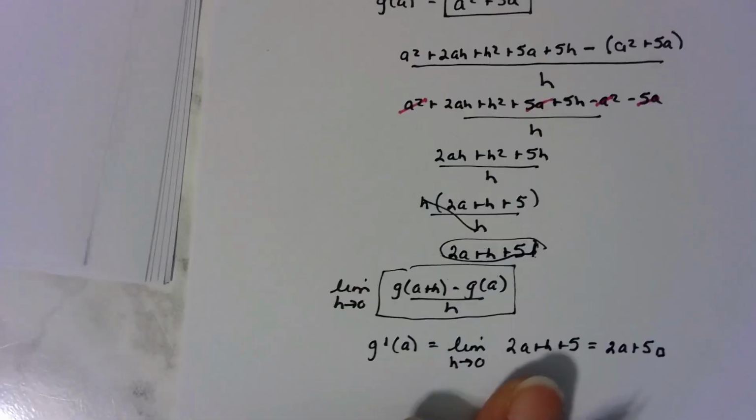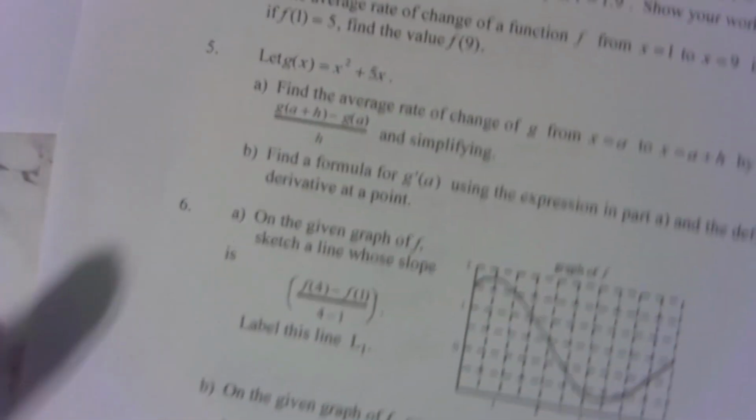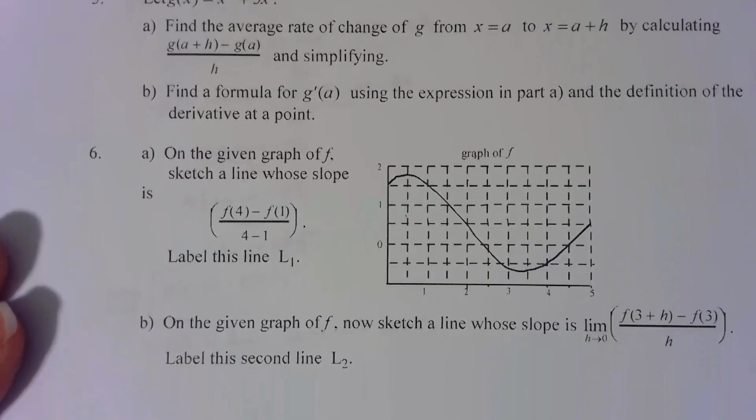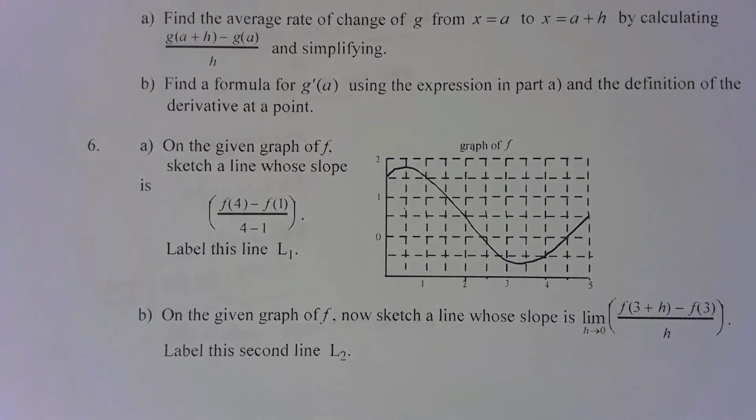In number 6, there was some confusion. I think I clarified it for some in class, but let's fix this. This really is just to test your understanding of what's going on.